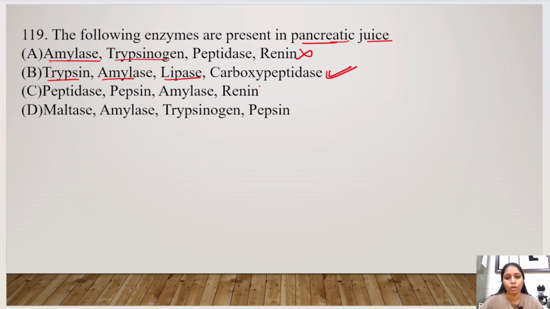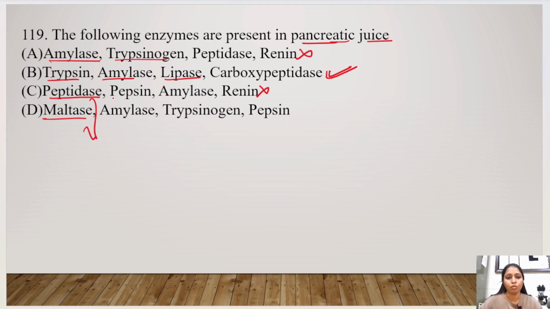Here it is wrong because renin is not present in the pancreatic juice; it is present in infants for digestion of milk. Maltase and peptidase are all present in the intestine, in the succus entericus or intestinal juice, not in the pancreatic juice.